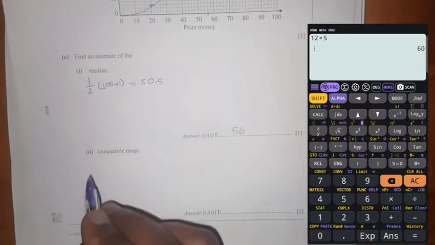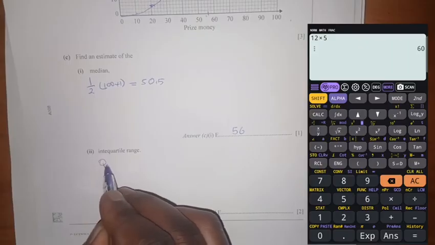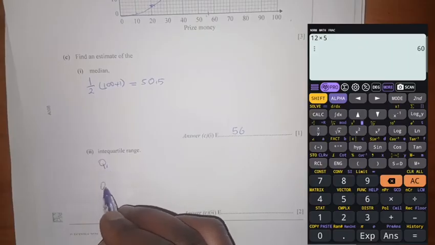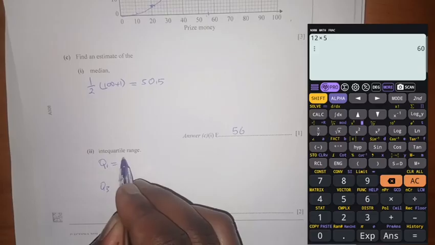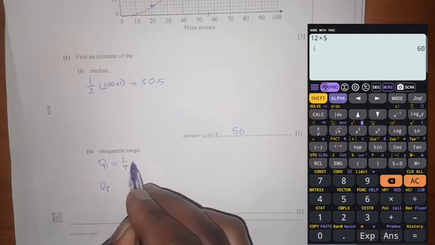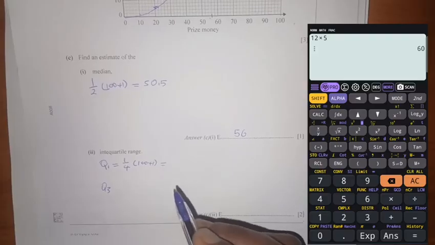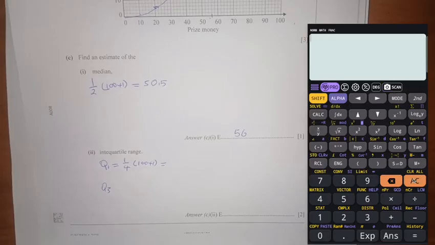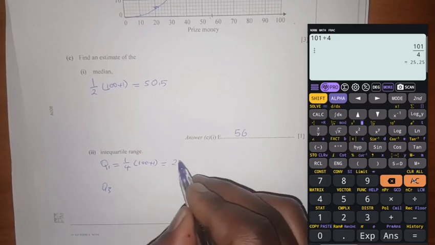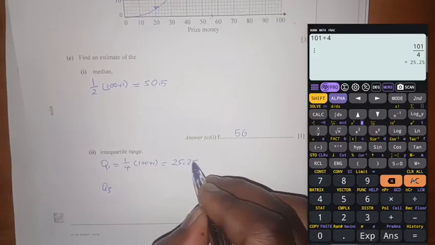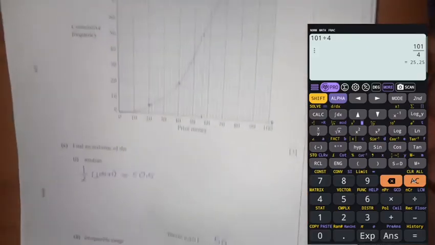Interquartile range, we need Q1 and Q3. For Q1, it's 1 over 4 into 100 plus 1. Let's use the calculator for that: 101 over 4 is 25.25. Let's go and trace.